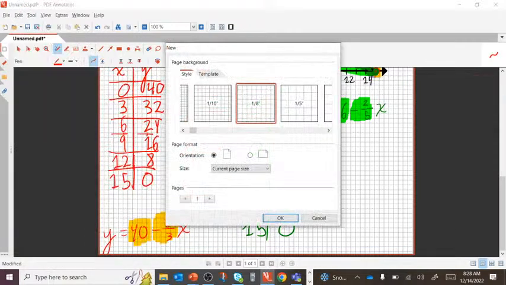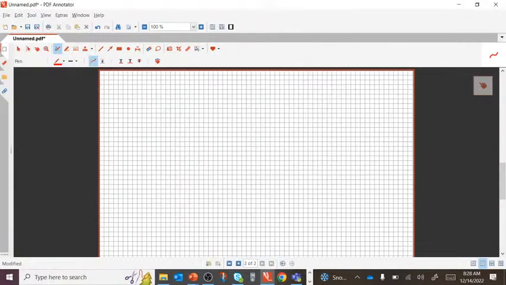Okay, let's see here. What I want to do is write down something really quick. The y-intercept of a line tells us where to start.